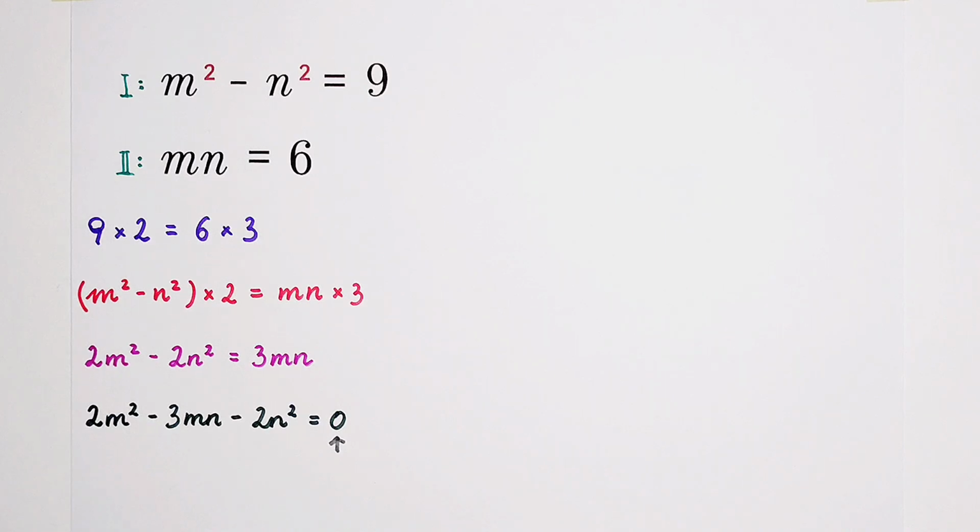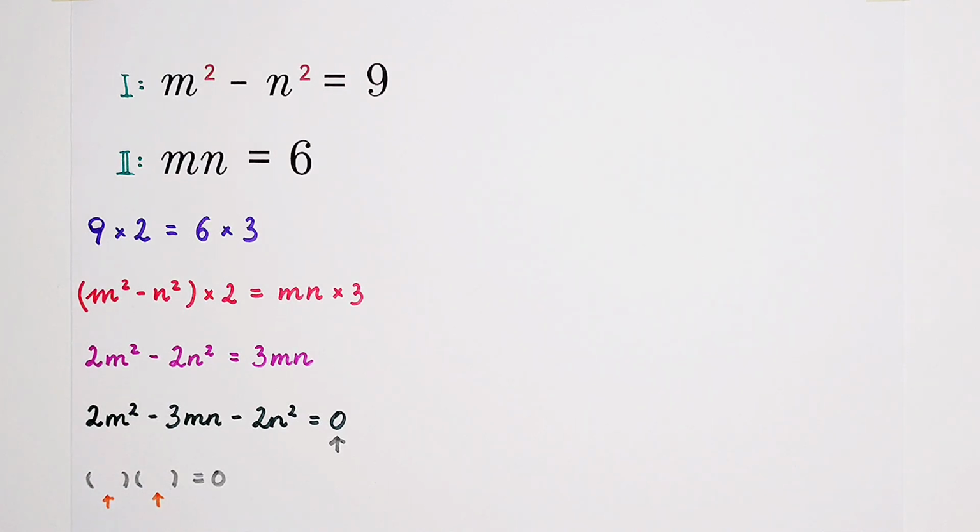What can I do about it? If the left-hand side was a product and the right-hand side is 0, it will be perfect. Then this term is 0 or this term is 0. Which method have you thought up?